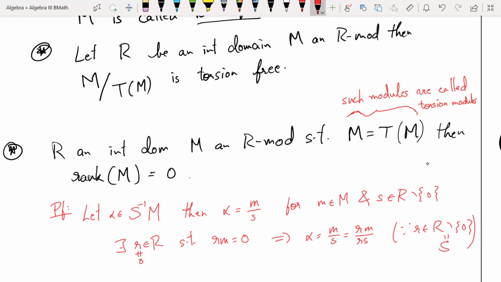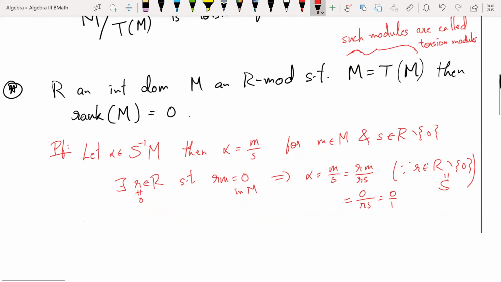So m over s is the same as rm over rs, which is the same as zero over rs, because rm is zero in M, which is the same as 0 over 1, which is the additive identity of S inverse M. So we see that every element in S inverse M is the zero element.